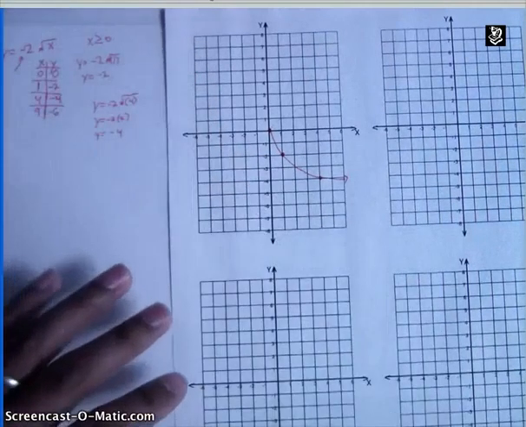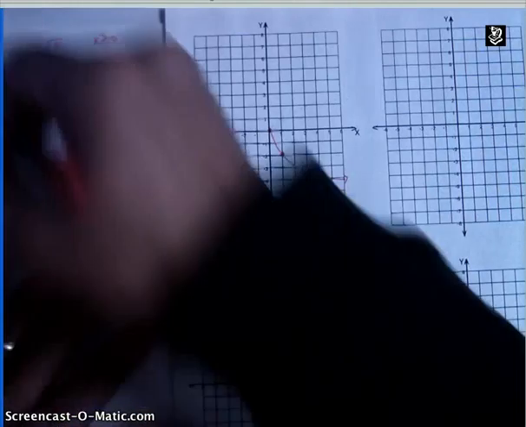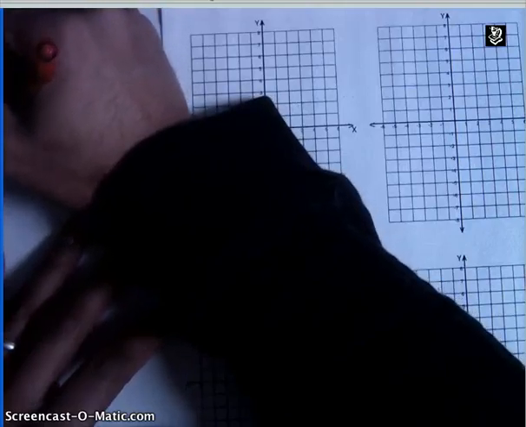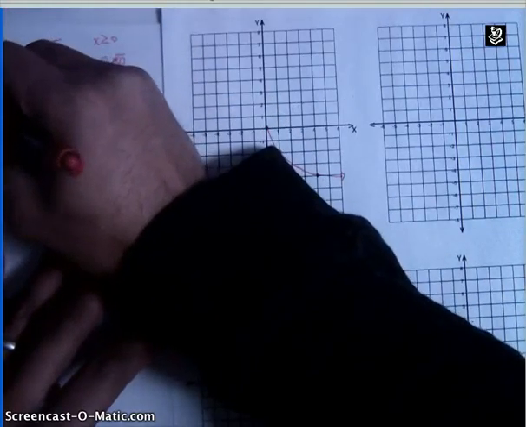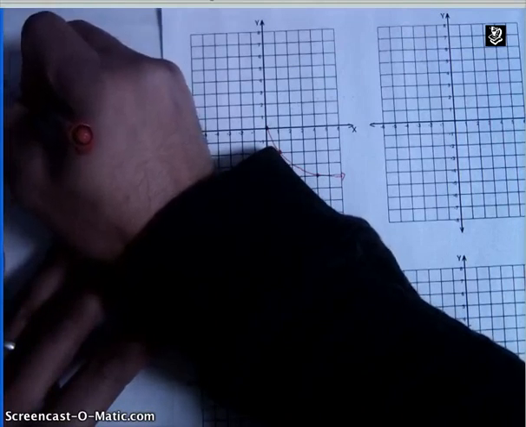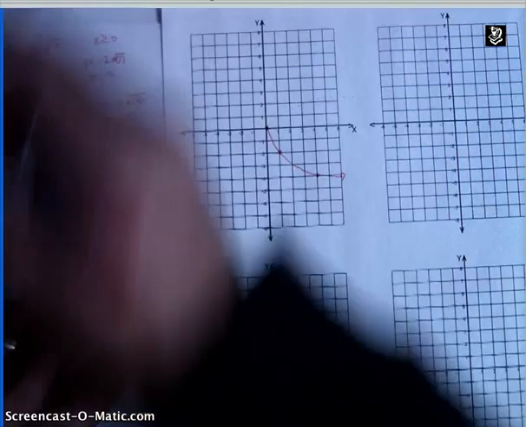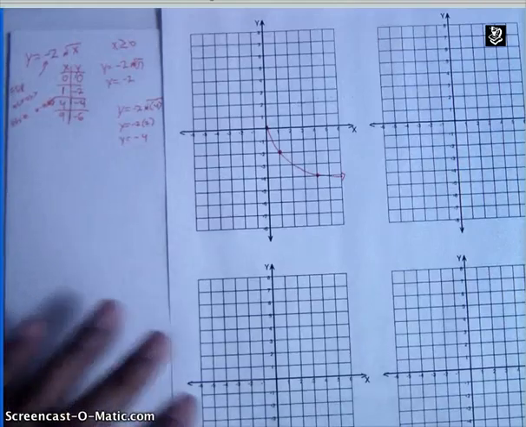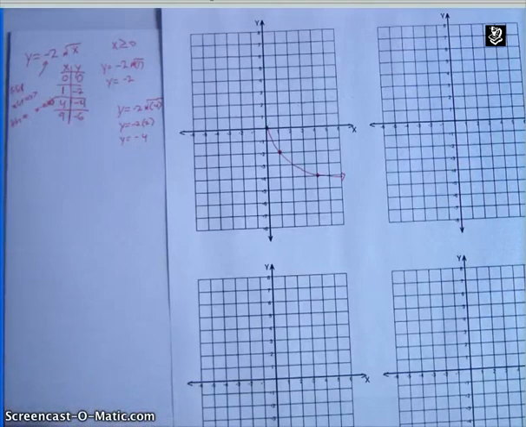If there's a negative in front of our square root, that means it's going to flip it across the x-axis. The 2 made it increase a little bit steeper, is what you could call it.